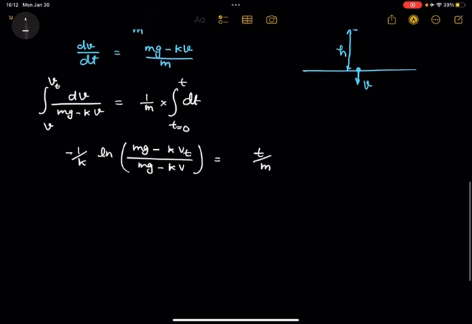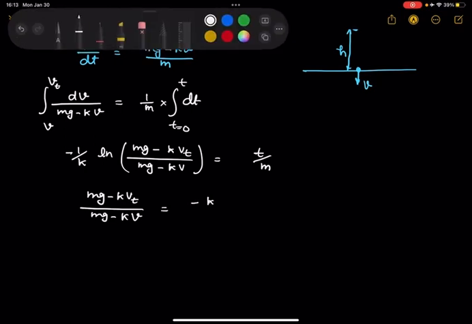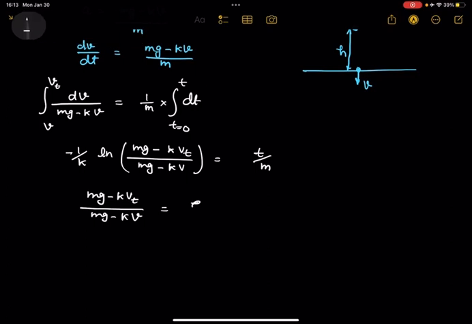A very interesting expression will come: mg minus k vt divided by mg minus kv is equal to e to the power minus kt by m. Understood my point?